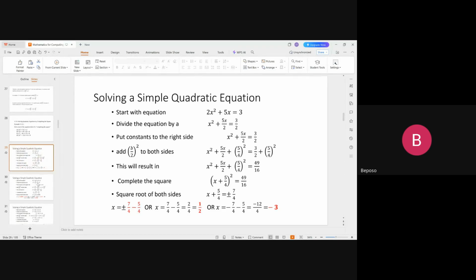I don't know why you had 5/4 all squared. We have to take the coefficient b and divide it by 2 before we square it. Taking 5/2 and dividing by 2, what do you get? 5/4. Thank you.